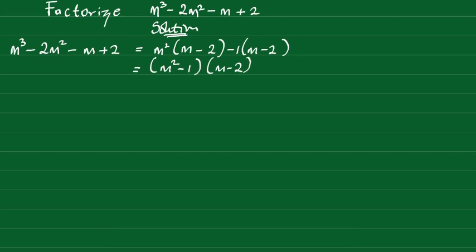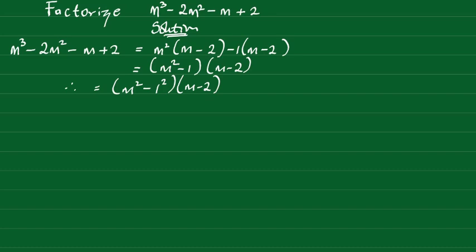Now we note from our first bracket that the expression m squared minus 1 is a difference of two squares expression, and hence can be further factorized. Therefore, we have bracket open, m squared minus 1, where minus 1 is the same thing as 1 squared, bracket close, bracket open, m minus 2, bracket close.